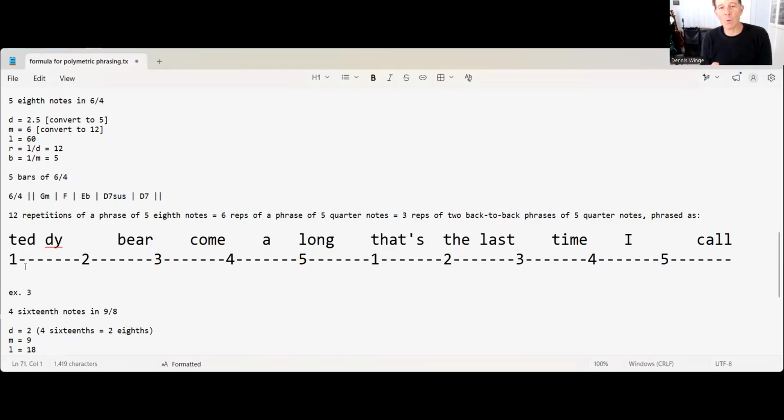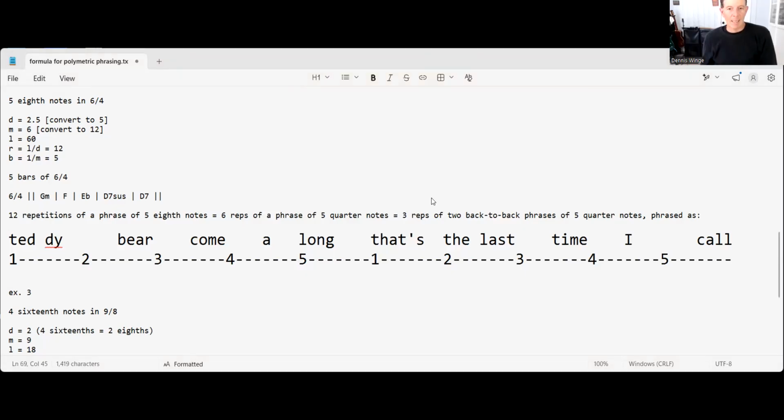That's a phrase in 5. Another one is, that's the last time I call, that's the last time I call that. So I just put both of them together, and it's a total of 10 quarter notes. Teddy bear come along, that's the last time I call, teddy bear come along, that's the last time I call that.